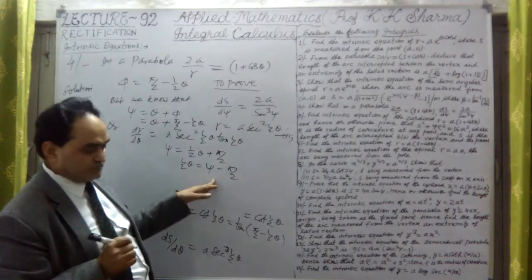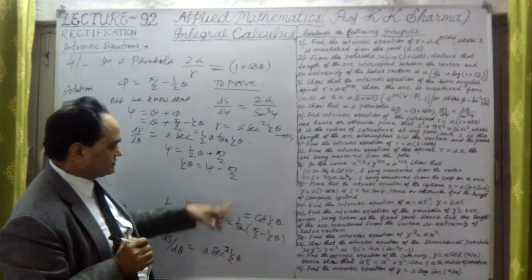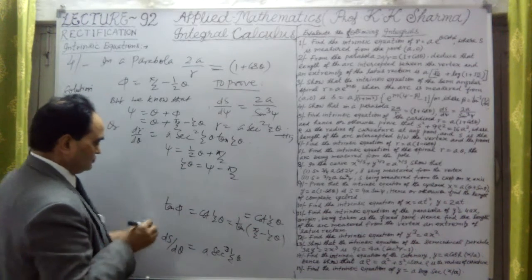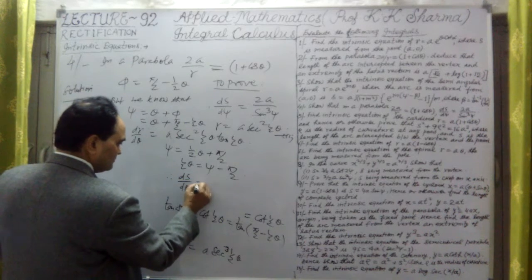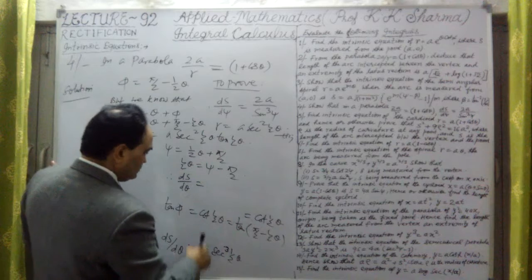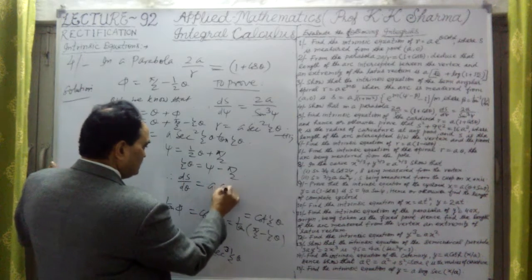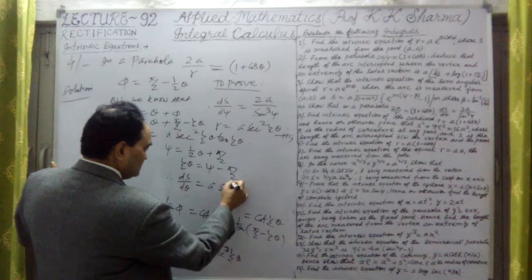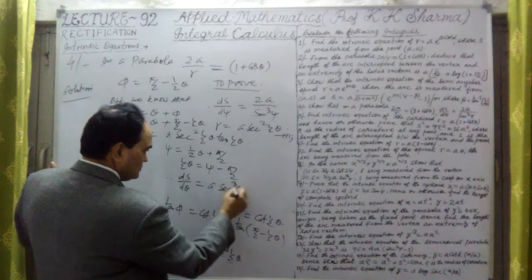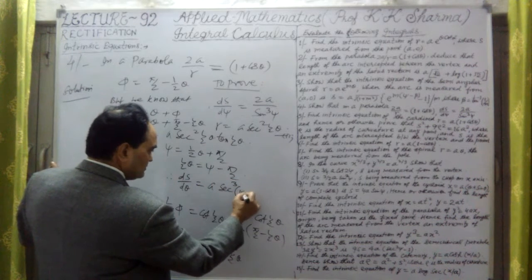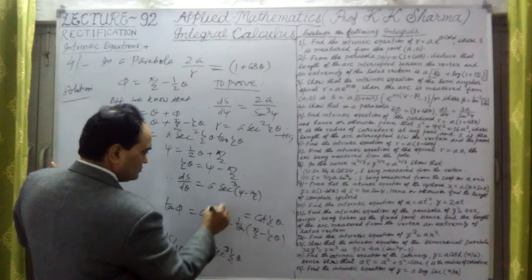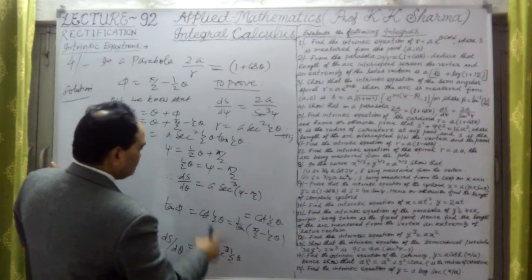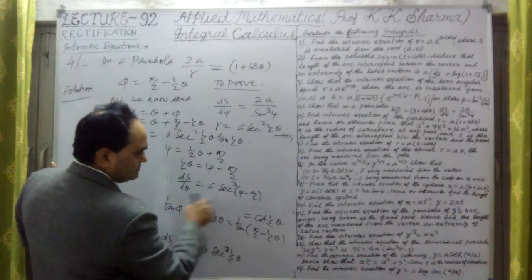Now if I put half theta equal to psi minus pi by 2 in this equation, therefore ds upon d theta is equal to a into secant cube of psi minus pi by 2 angle, because this is half theta, equal to psi minus pi by 2.